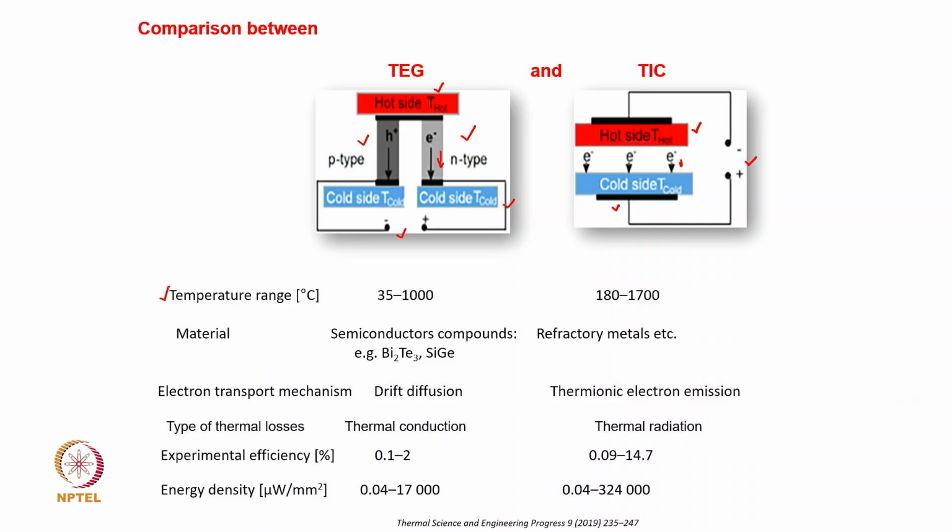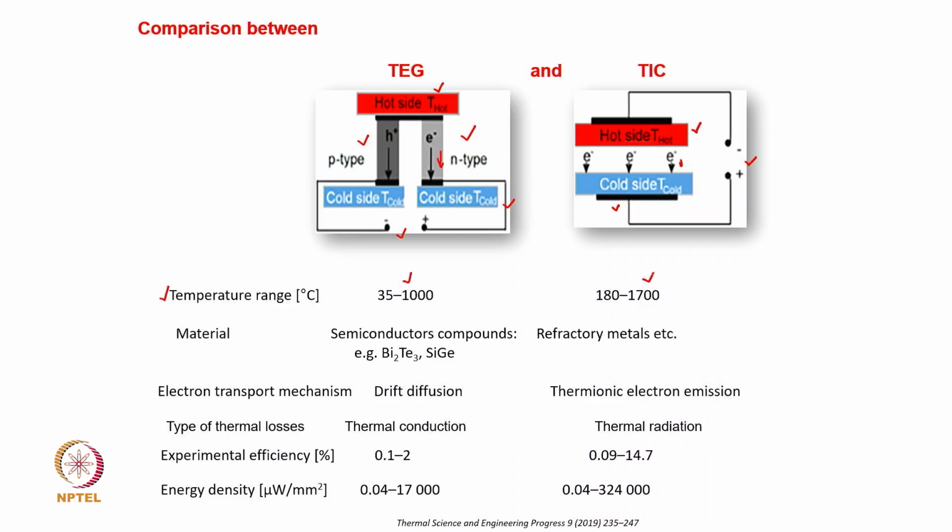Okay. But what we have seen in case of TEG, if you increase the temperature difference, then there is an increase in efficiency. Okay. But selecting a material for a very high temperature is sometimes difficult for TEG, and therefore the range is maximum you can consider up to 1000.